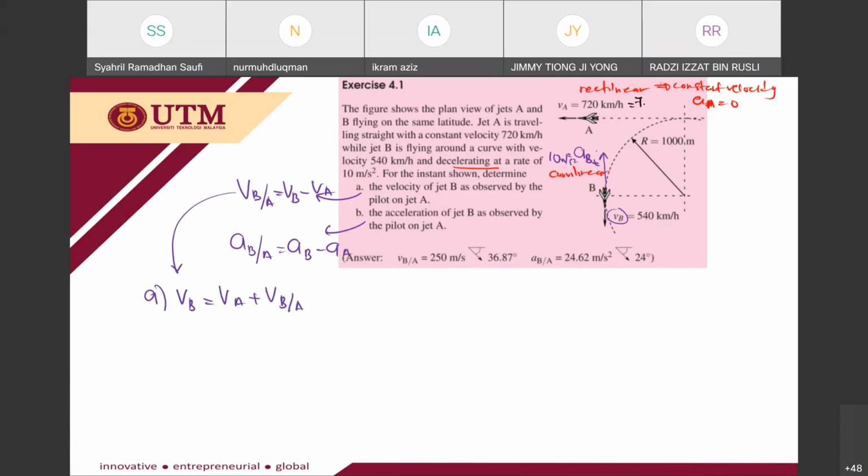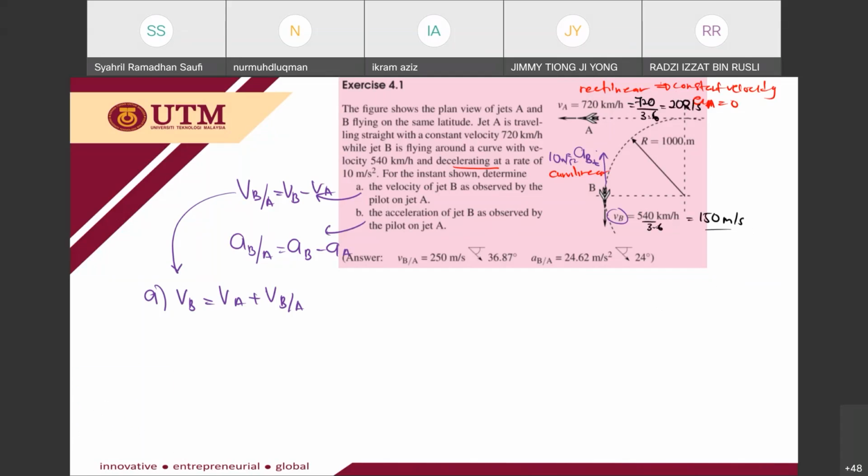So 720 over 3.6 is 200 meter per second, and here 540 over 3.6 gives 150 meter per second.